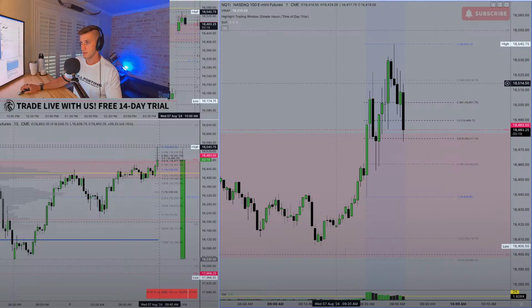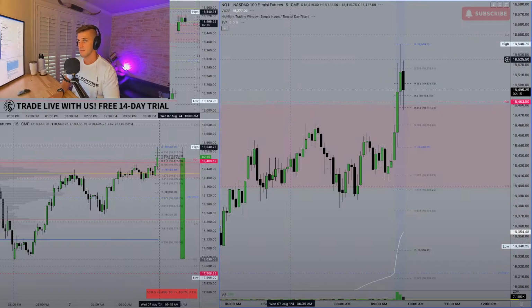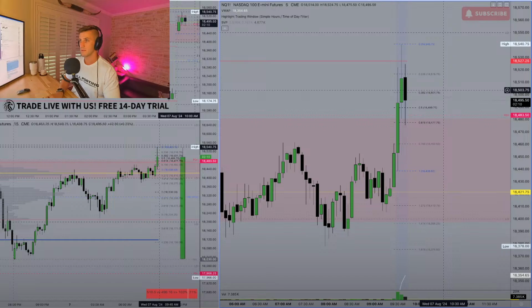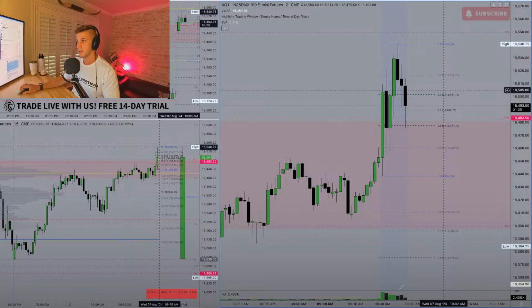NQ, potentially a failed breakout. Keep an eye on those higher time frames. Let's see the 5. There we go. 2 minute.